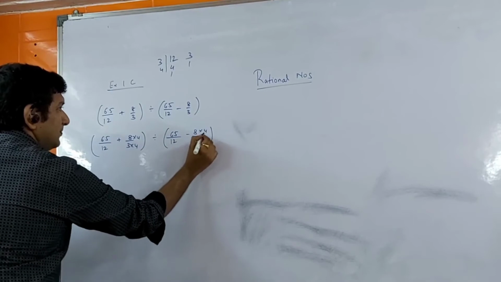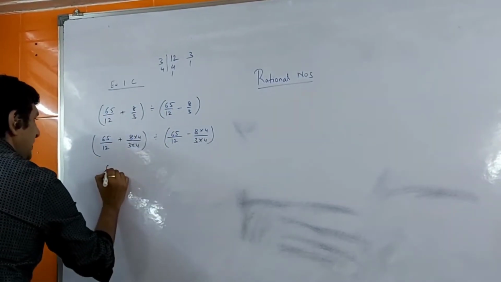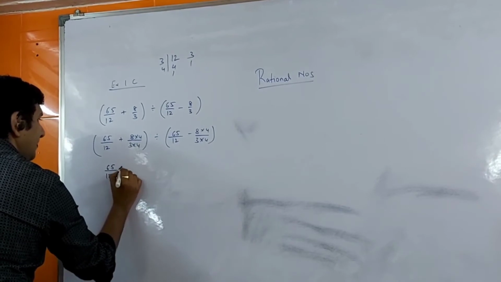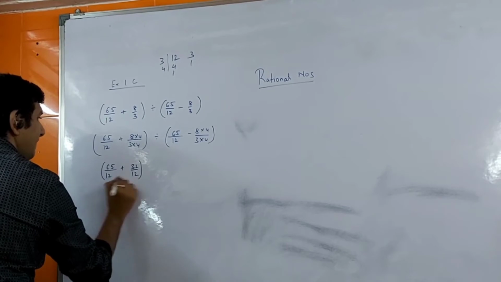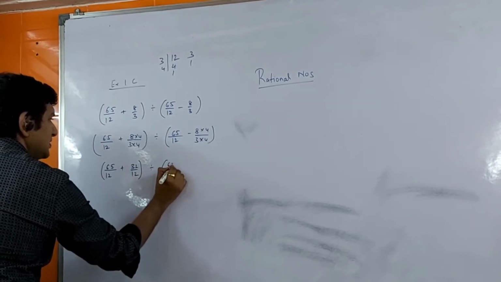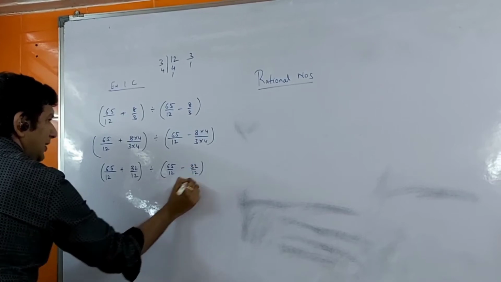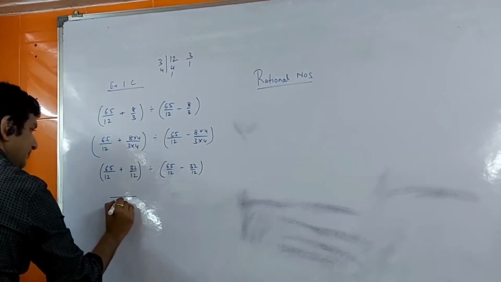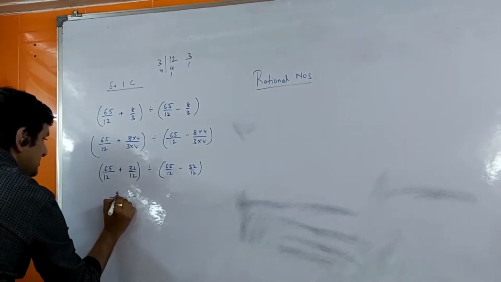Same way for the difference. Here already 12. So 65 by 12 plus 32 by 12, and 65 by 12 minus 32 upon 12. So the LCM is the same. 65 plus 32 you have to add, the answer will be 97.